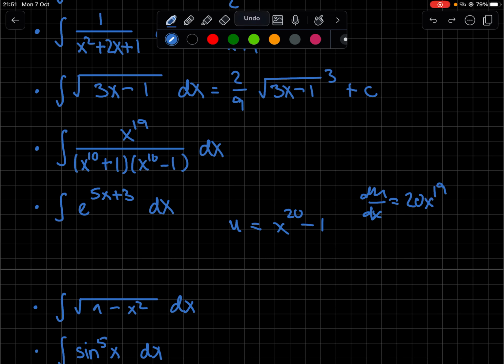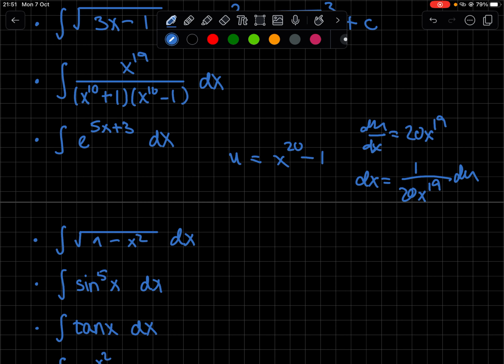And minus 1 is just a constant, so we can ignore it. And this works out perfectly because we can cancel out this x to the power of 19 on top, essentially. So dx is going to be 1 over 20 x to the power of 19 du.